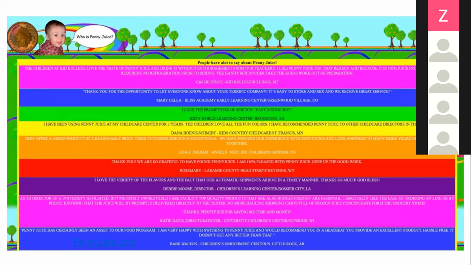So we can see that they have tried to be very creative. They have all these nice graphics, they have some child here, a lot of interesting things, and they have tried to be very creative in terms of using all these colors. But creativity they have tried to apply, but where is the usability factor?